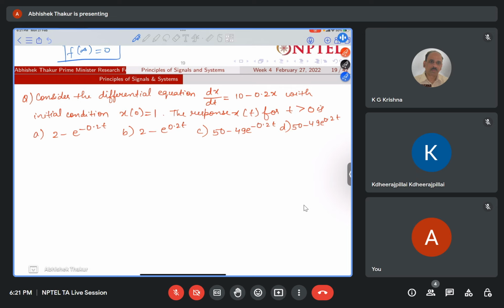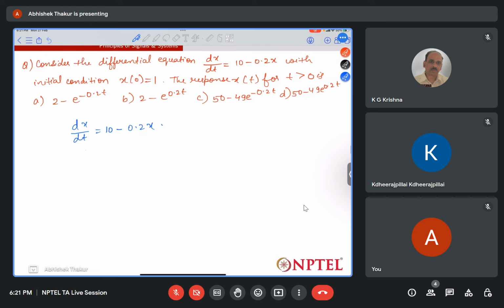So for this question, it is given that the differential equation dx by dt is equal to 10 minus 0.2x. We know that when the Laplace transform of xt is Xs, then the Laplace transform of dxt by dt is equal to sXs minus x0, that is the initial condition.